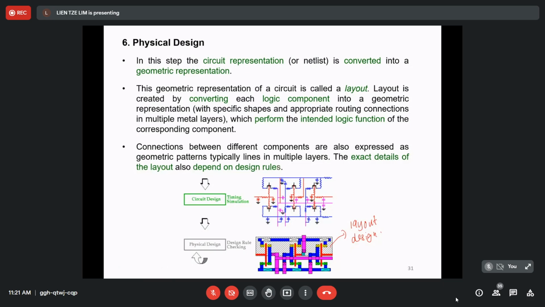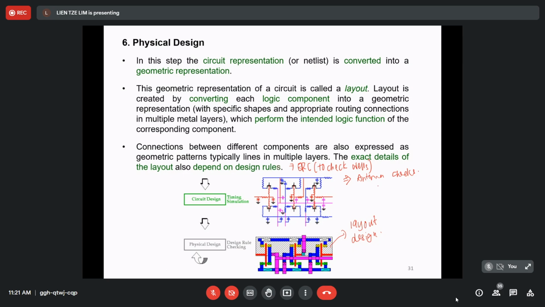For example, ERC. ERC is to check the well. And we also need to perform other checks, for example, the antenna check. This one depends; not all designs need to perform this antenna check.